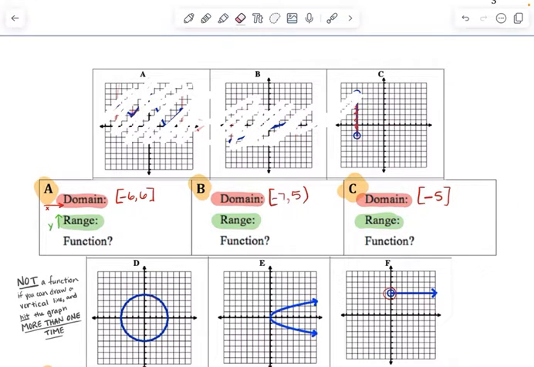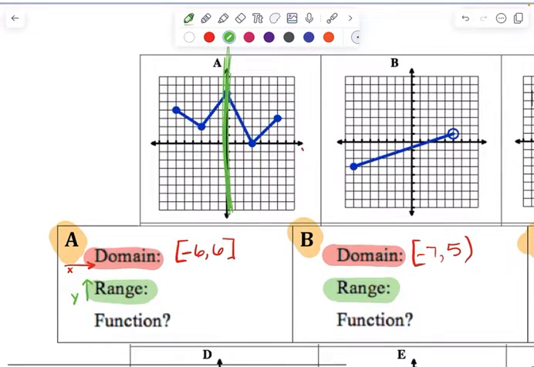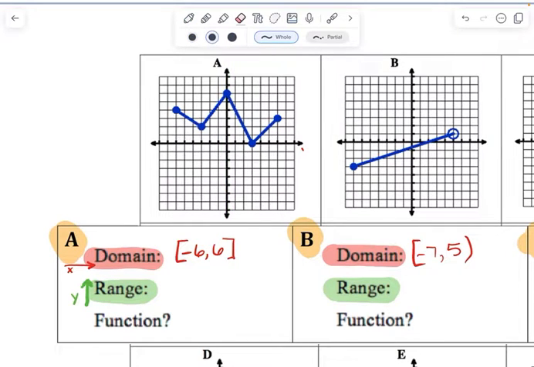So we kind of have to switch gears a little bit, because now you guys are looking at the y-axis. So we're looking bottom to top, because y would be least to greatest, bottom to top. So we're looking at our graph. Okay, the lowest point is right there. Yes, it zigs, it zags, it's got some points here and there, but the highest spot it goes is right there.